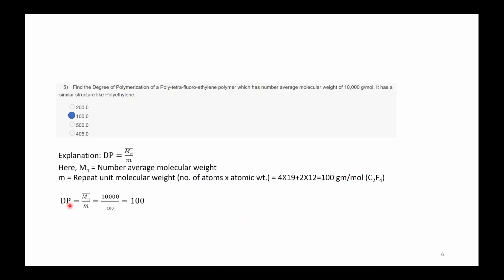For the degree of polymerization, we divide the number average molecular weight by one unit's molecular weight, so we get a degree of polymerization of 100. So we take around 100 units of tetrafluoroethylene to make this polymer.